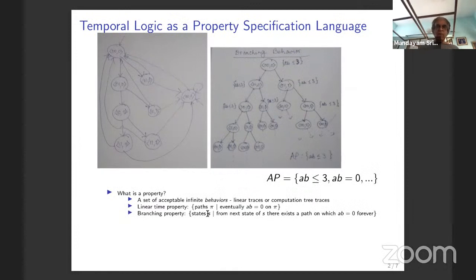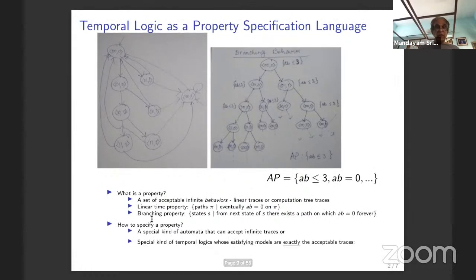So a linear time property is a constraint. It denotes a set of paths. An example is the set of paths in which eventually AB will be equal to 0 at some point in the future.